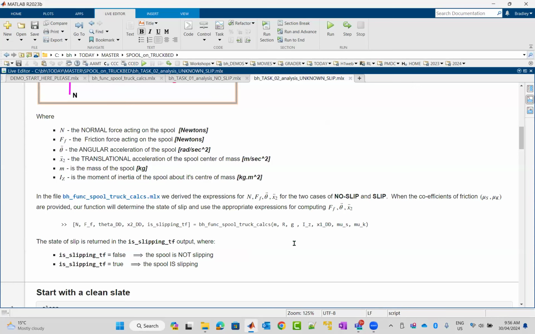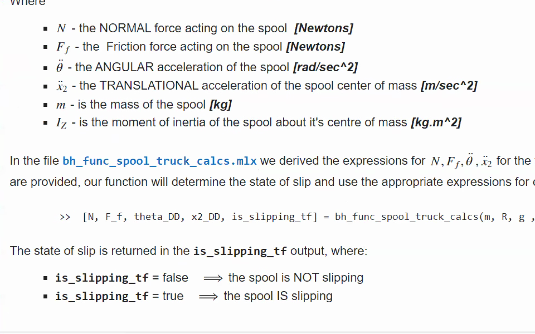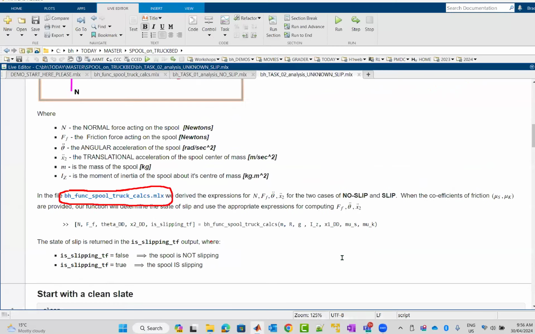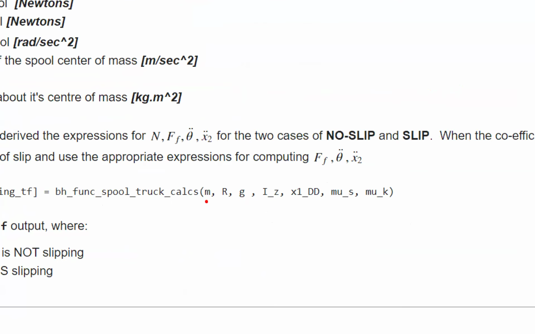In this case, we'll be utilizing the function that we looked at back in task 0, and we'll be invoking that function this time, not just with the parameters that we used in task 1, but we'll also be supplying the 2 coefficients of friction, the static coefficient and the kinetic/dynamic coefficient of friction.